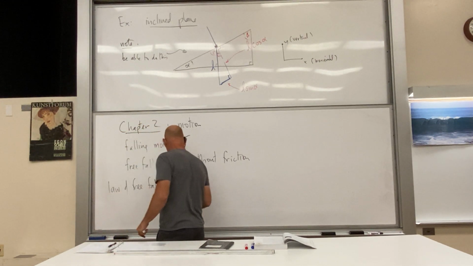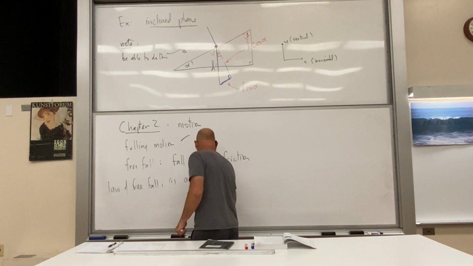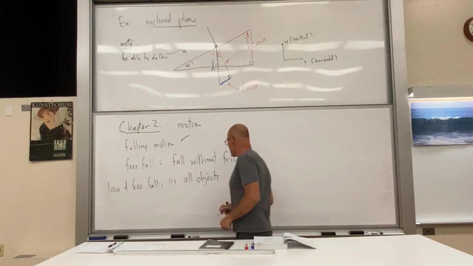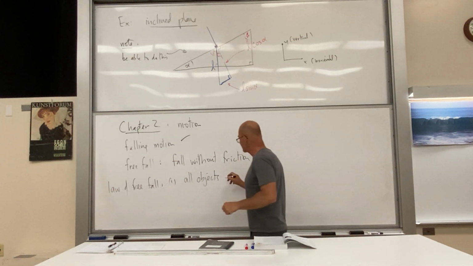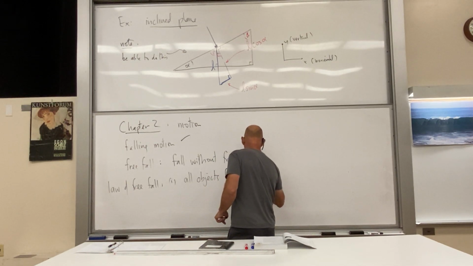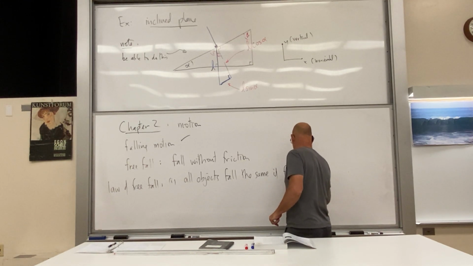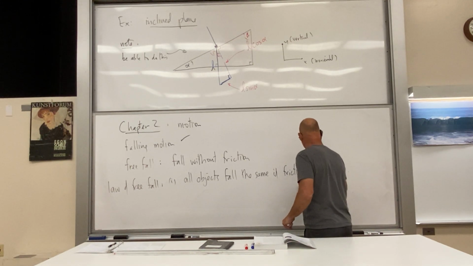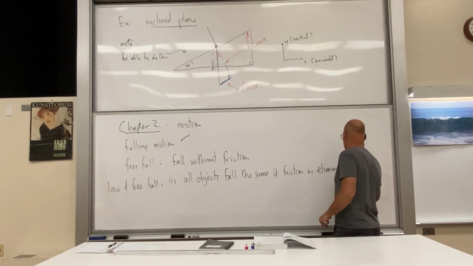So fall without friction for free fall, and then the law of free fall, the first part of it is that all objects fall the same. Rocks, tennis balls, people, cats and dogs, everything. All objects fall the same if friction is eliminated. Okay.